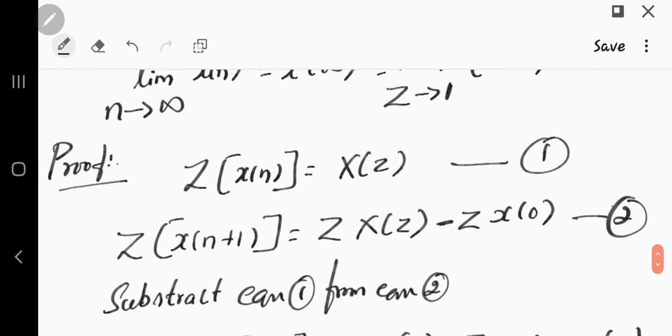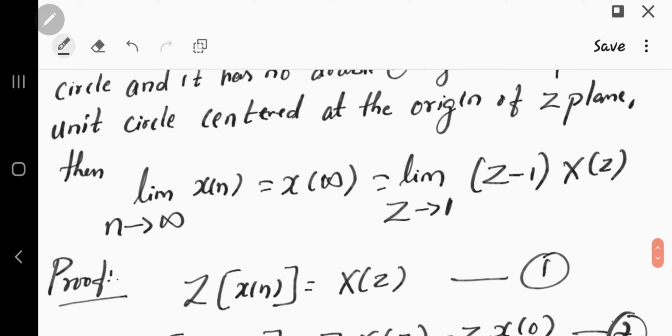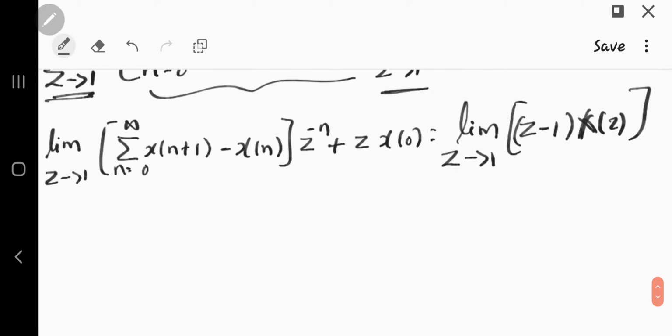Okay. Now, if you look at the definition, if you apply limit as n tends to infinity to x of n, you will get x of infinity. It is the same, but if you apply z tends to 1 for this term, you will get x of infinity. How? If you apply z tends to 1 here, this will be 1 to the power of minus n, plus 1 into x of 0.